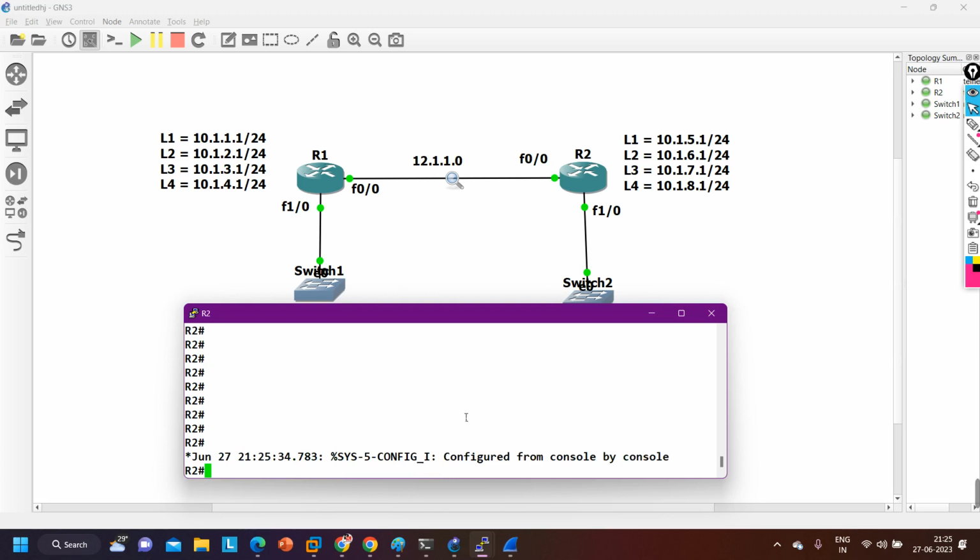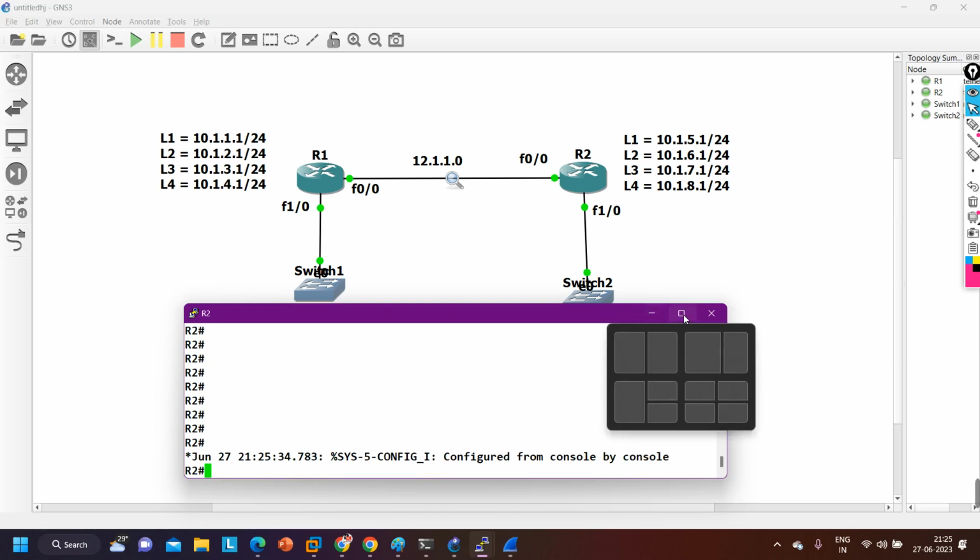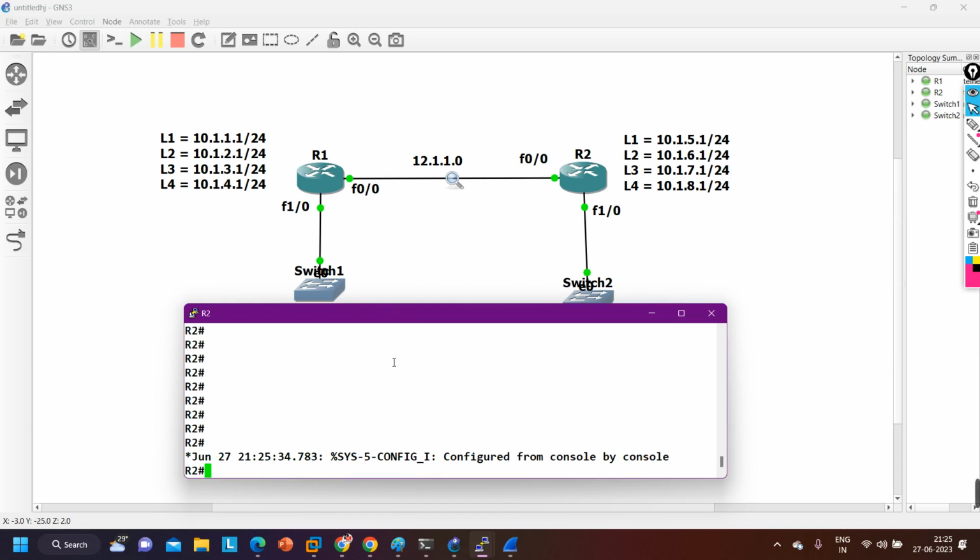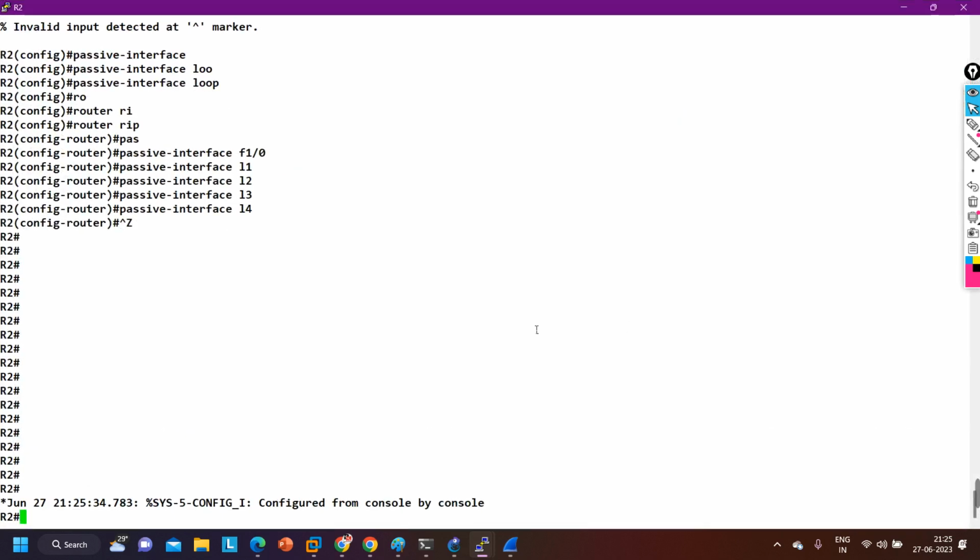So I have configured the LAN interfaces as passive interfaces. Now it will not send the update message from the LAN interfaces. Done.